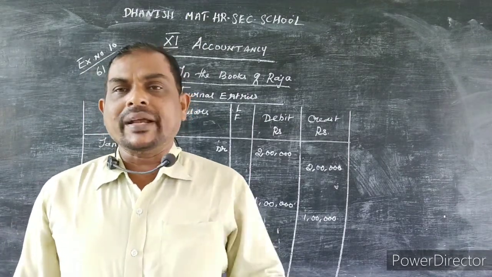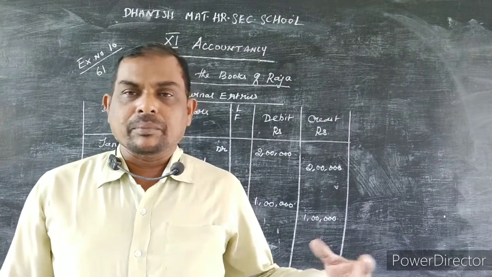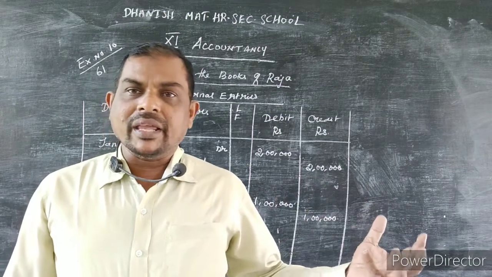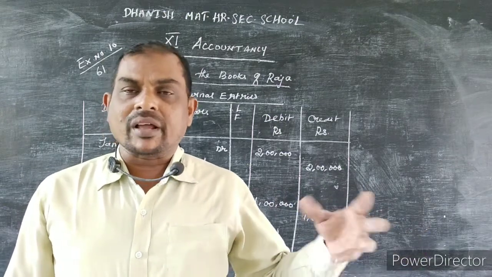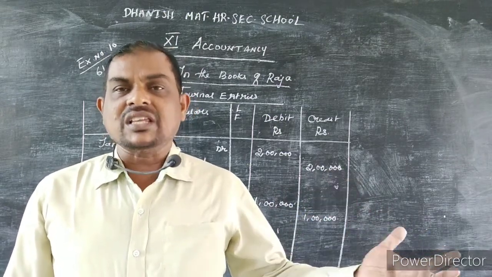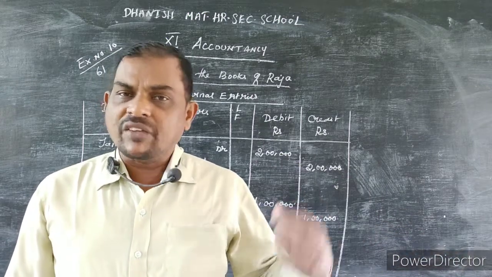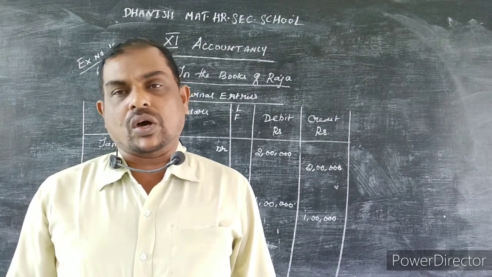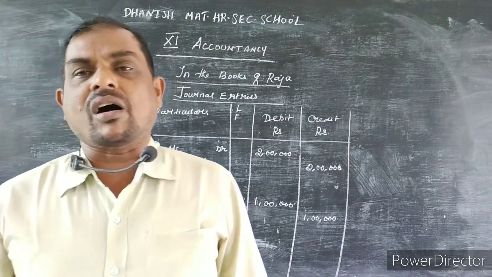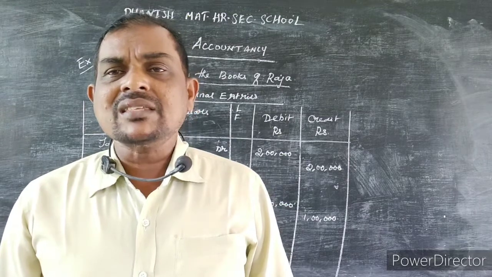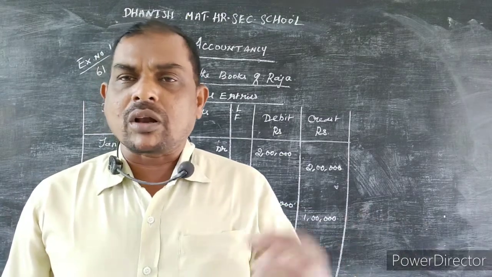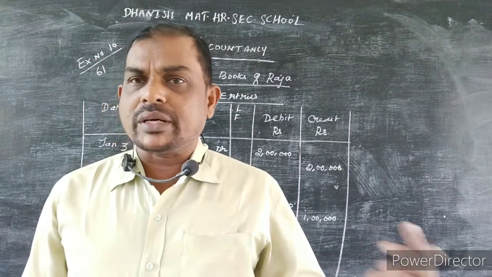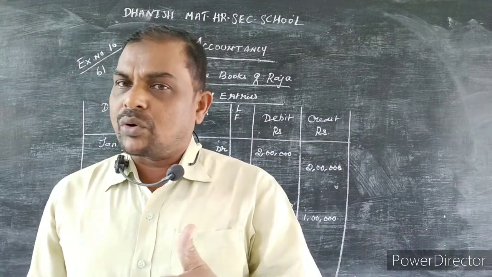Drawings is always debit, because the amount is drawn by whom? Amount drawn by Raju. Raju is a personal account. So debit the receiver. Who is taking this amount?